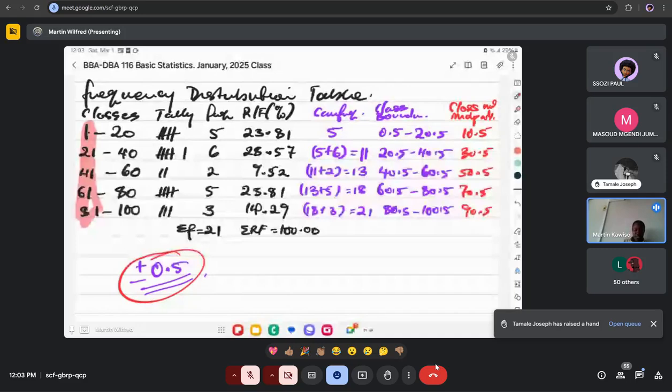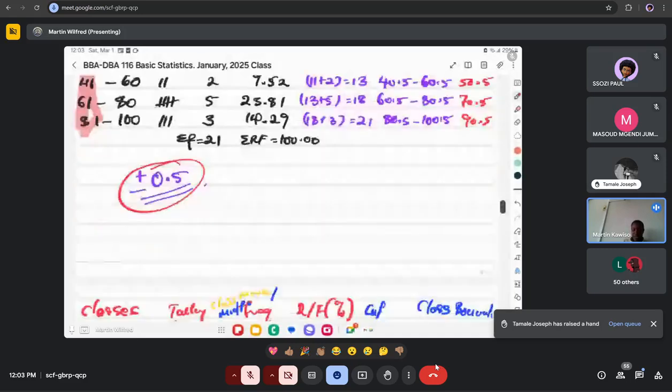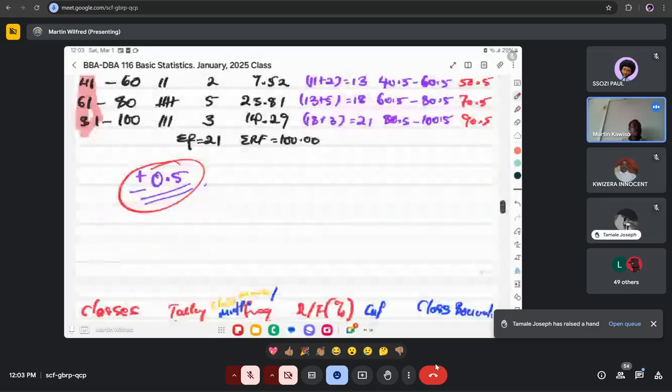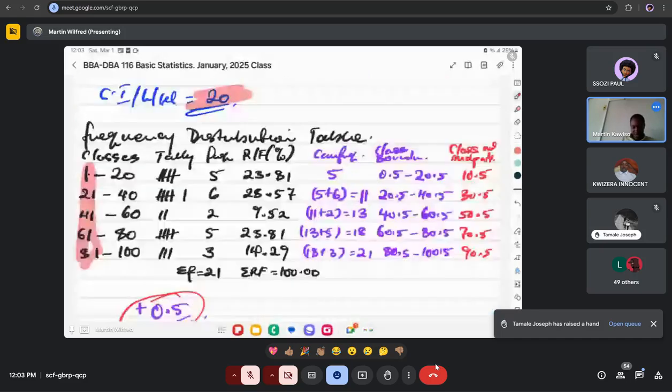So next week we shall see how we do graphs from our table. So just note it somewhere. When I ask you for this table, be in a position to give it to me.